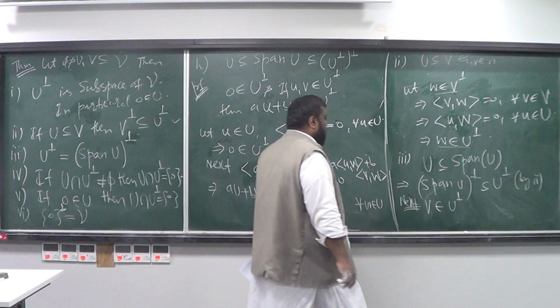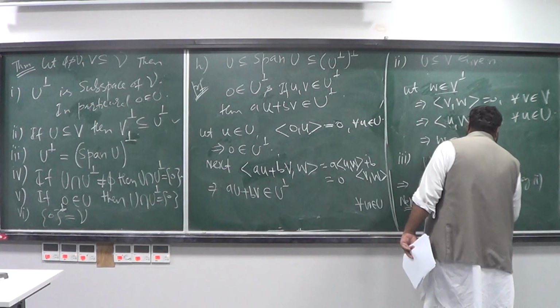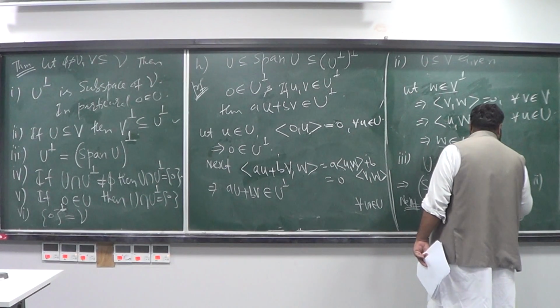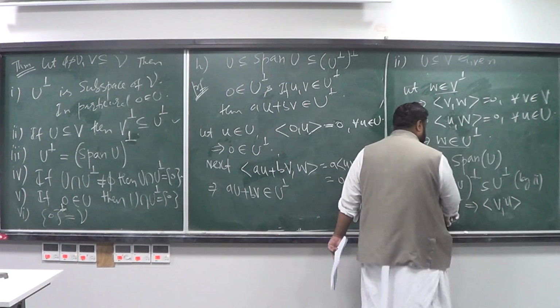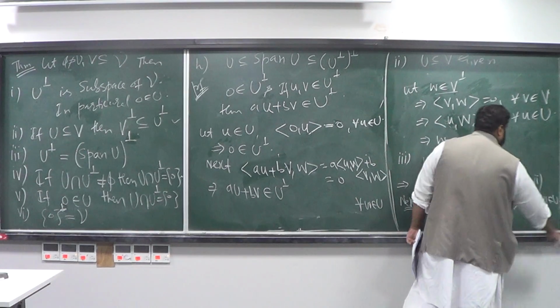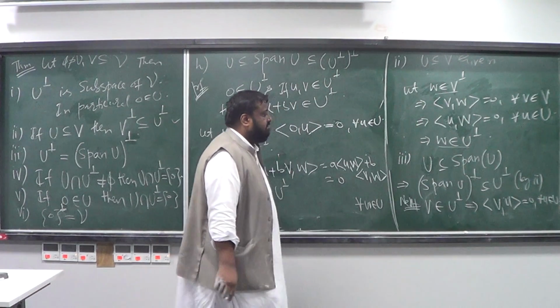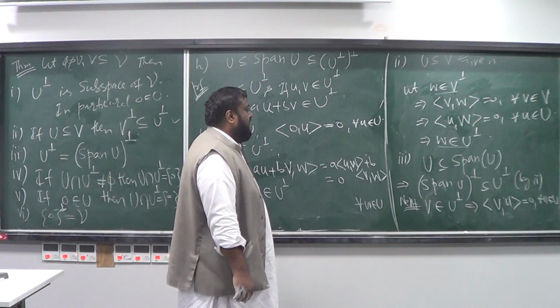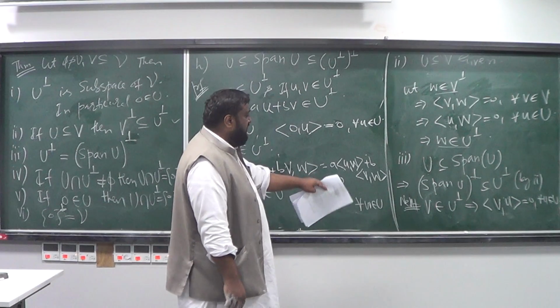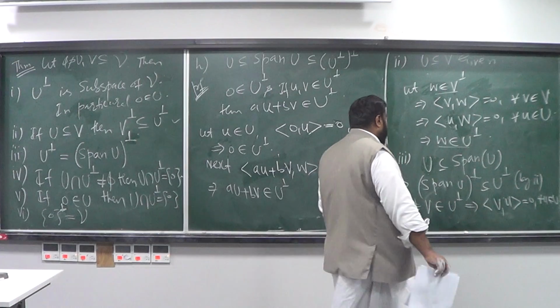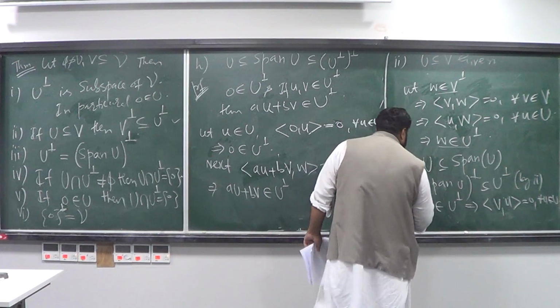If V is in U perp, this implies that the inner product of V with any element from U is equal to 0. Now I need to show that this V is also an element of span of U perp.